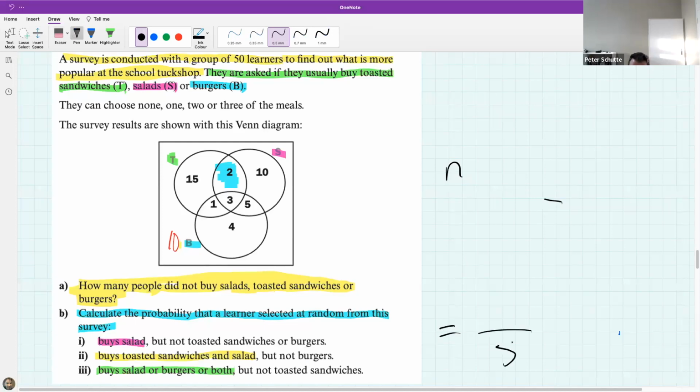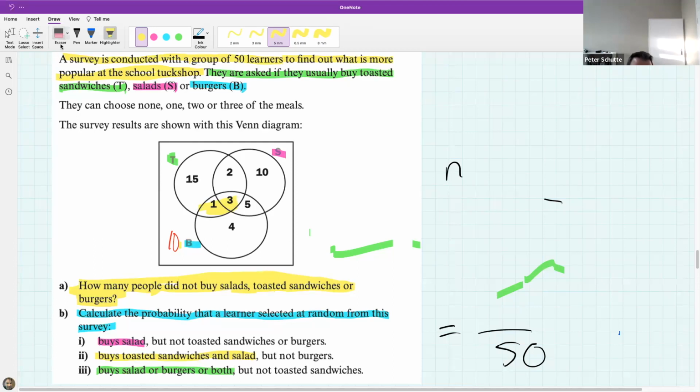So I'm still out of 50, but I've got to find my region. So salad is here. And what else have I got? So salad, oh, sorry. Having a moment there. My computer's gone a bit wonky. So salad or burgers is going to be here. Because salad is S. It's not going to be there.